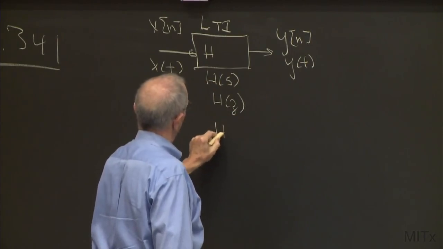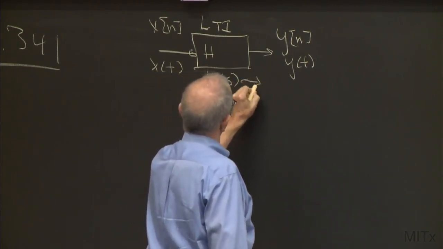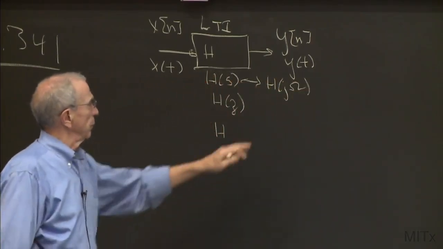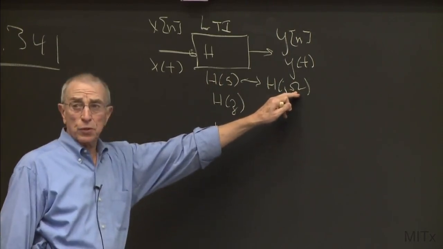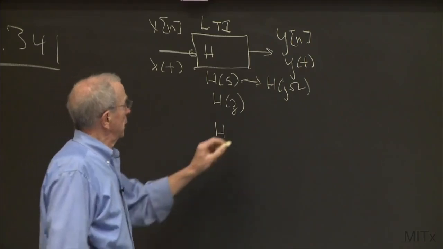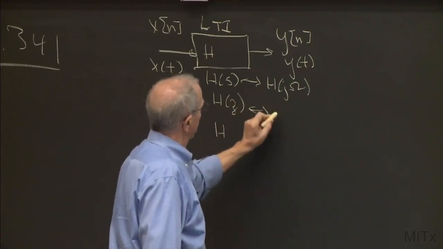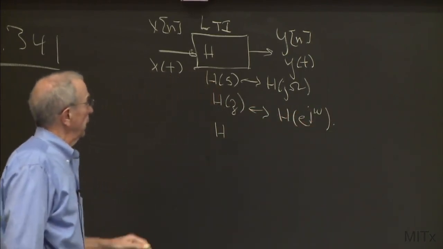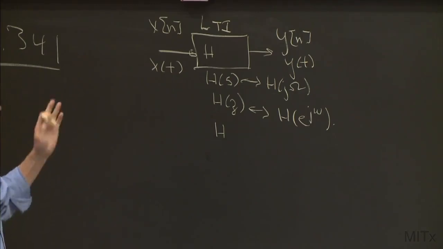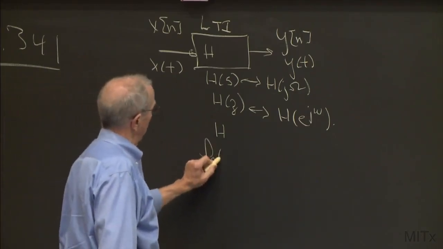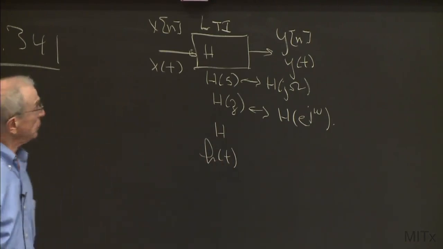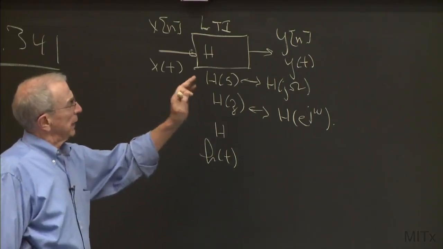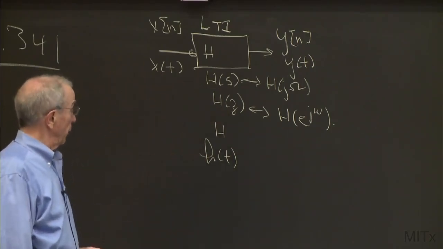We may be talking about the frequency domain, if this is the continuous time frequency variable, in discrete time, we would typically write things that way. And then there's the notion of talking about the impulse response, and the relationship between the output and the input and the impulse response.